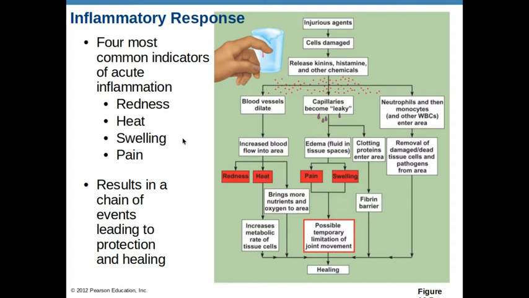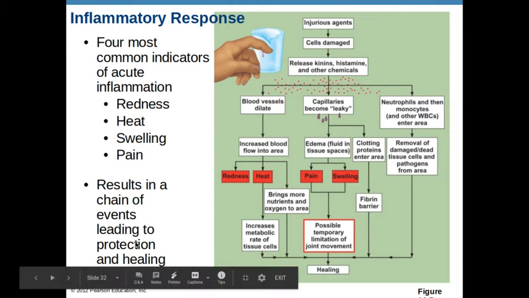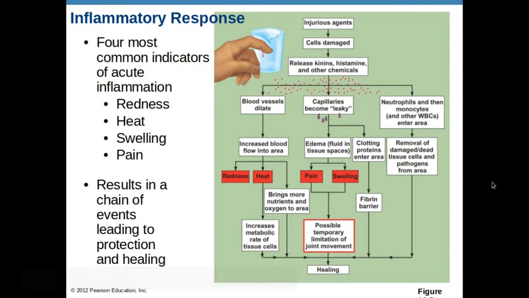The swelling comes because the capillaries are leaking, and now we've got tissue filled with fluid in these different spaces, and we see the activation of those nerve endings, those pain receptors that are sensing that there's a problem. All of this is designed to lead to your protection and the process of healing. So that's the goal of the inflammatory response, for you to get back into being healthy and homeostasis and get that wound healed.